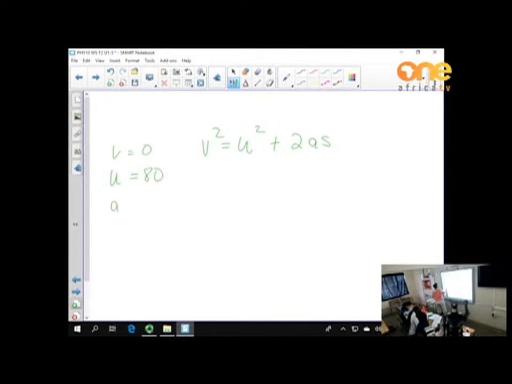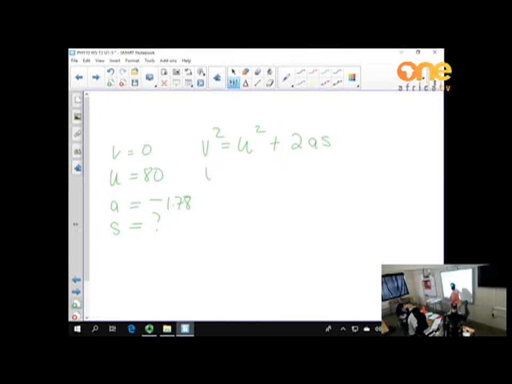Well, acceleration, we calculated that as minus 1.78, and we are looking for S. Are you with me? So you can now either first substitute the values and simplify and then take out A, or you can first take out A. It doesn't really matter. It's sometimes easier if you put in the numbers first.